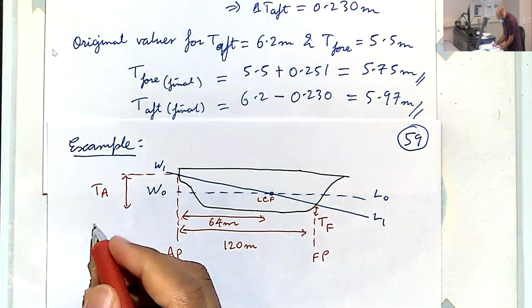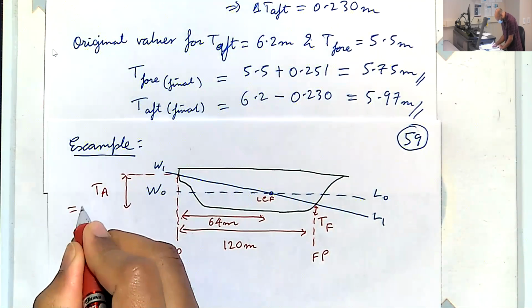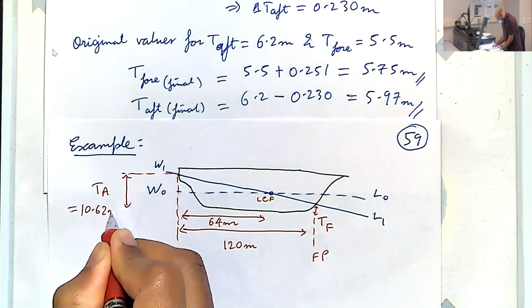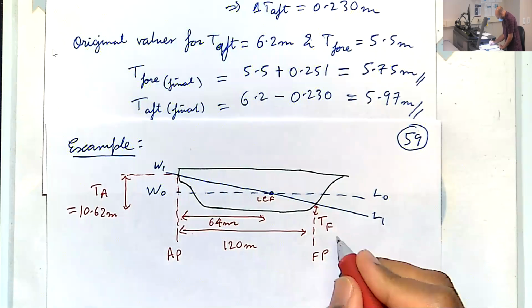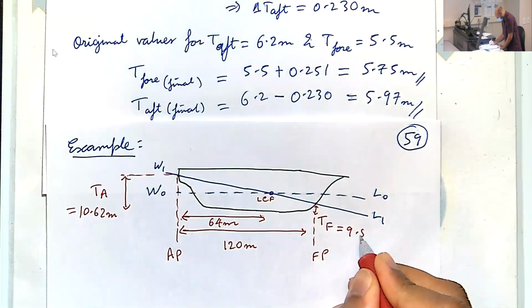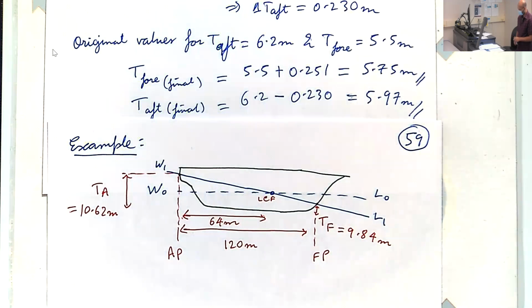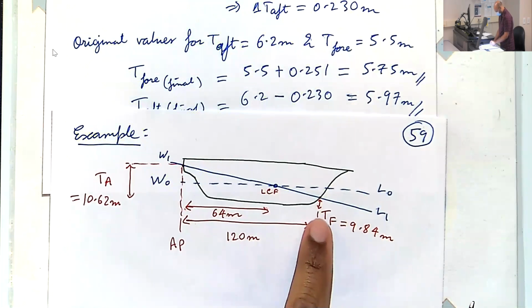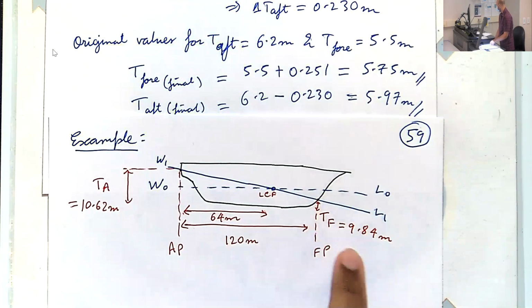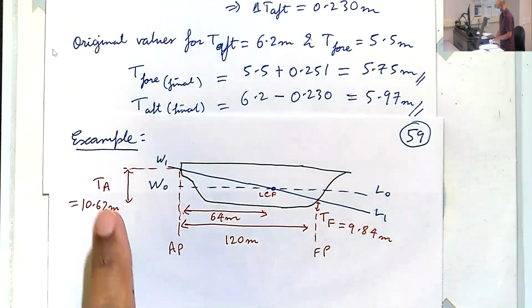And the value for TA is given to be 10.62 meters, and forward is 9.84 meters. Okay, so this time I think I drew the sketch correctly. The submersion at forward is less than the submersion at aft.